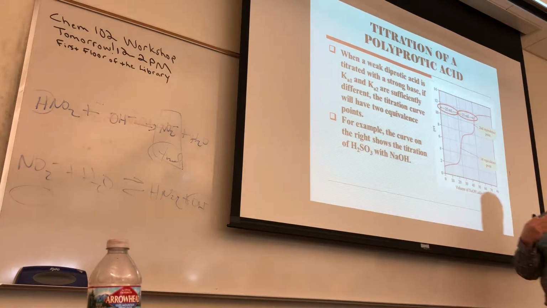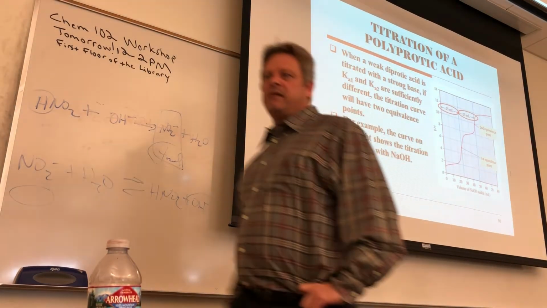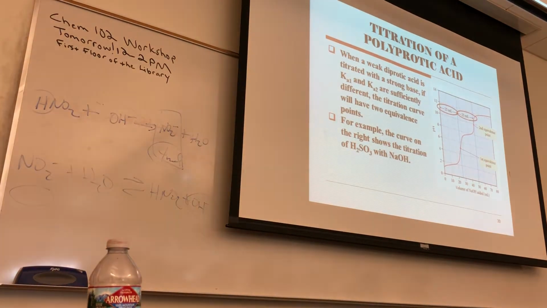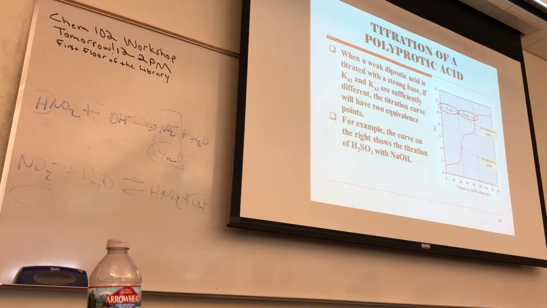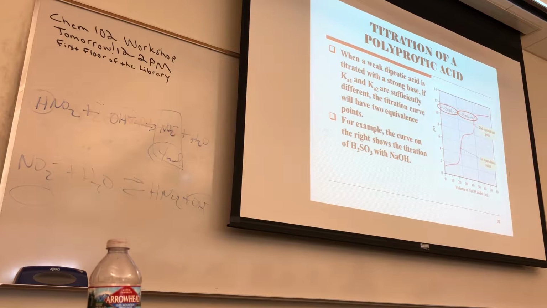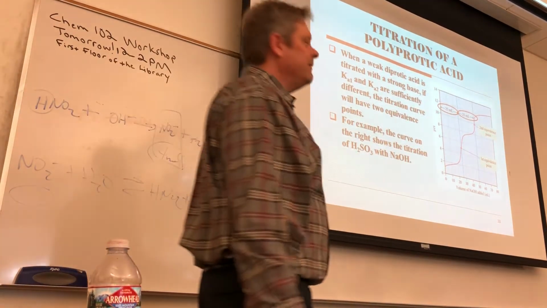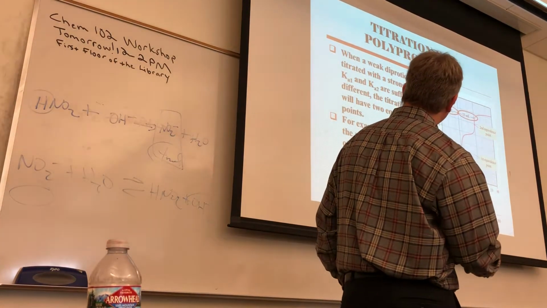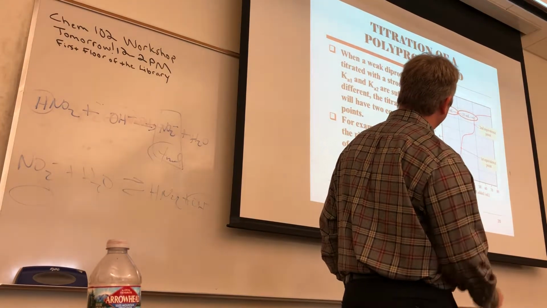That's just based on the stoichiometry of getting rid of one hydrogen with a certain amount of hydroxide. Therefore, I get rid of the second one with the same amount. It might be a slower process, but it's still the same amount. Okay, so that's all this is. Nothing big. I don't expect much more than that.